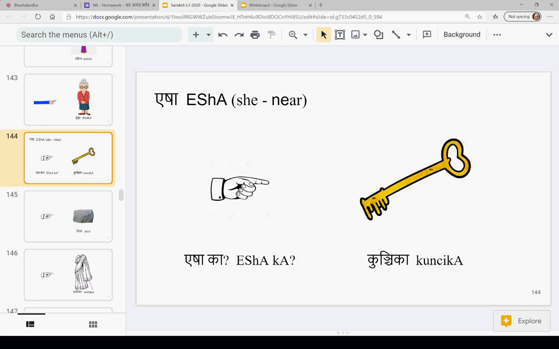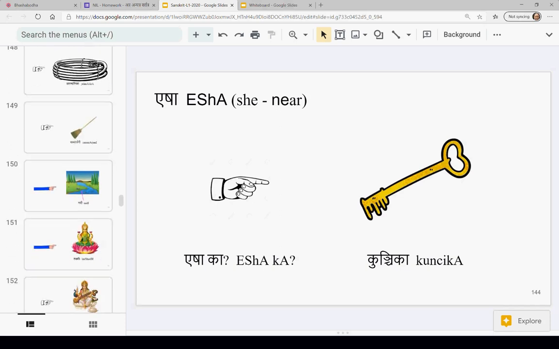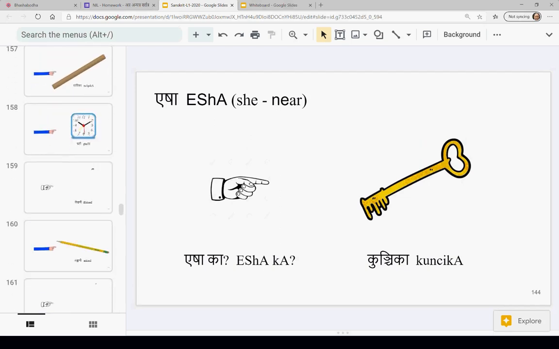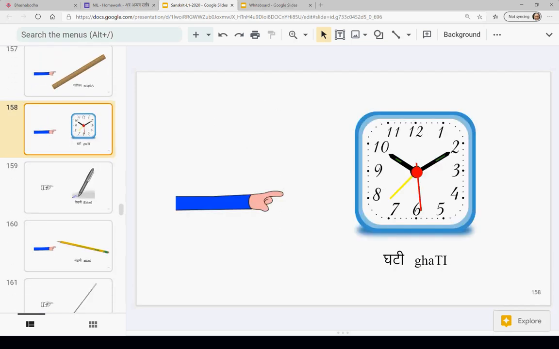Those words we have seen so far. So based on this, at least the basic sentences we should be able to form just to reference the objects. Right? So the basic sentence like Esha, like this one, Sa Ghati, like this.